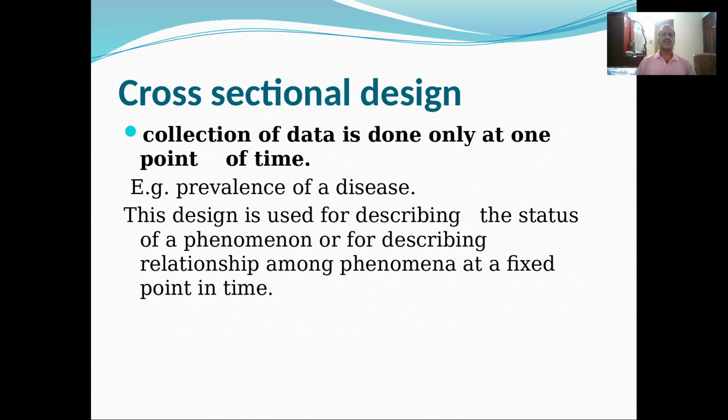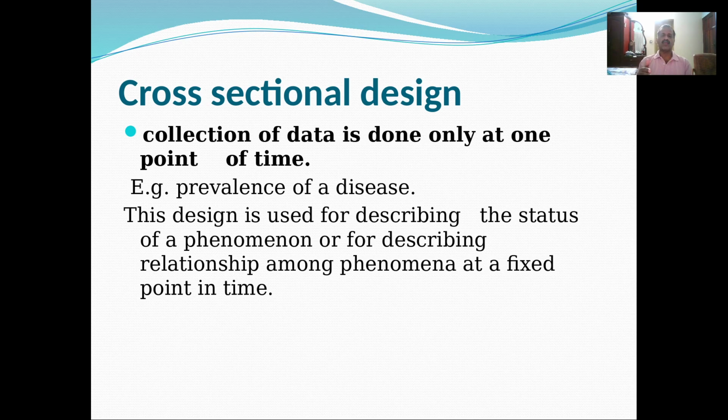The next is a cross-sectional design. In the cross-sectional design, the collection of data is done only at one point of time. For example, in your plus two classes, you have taken the cross-section of the stem.